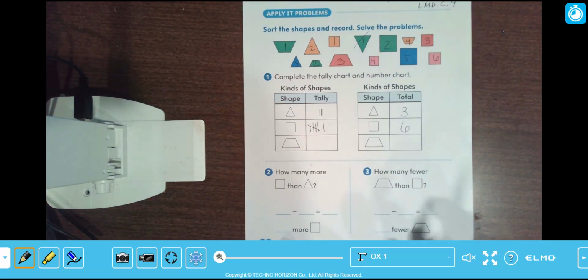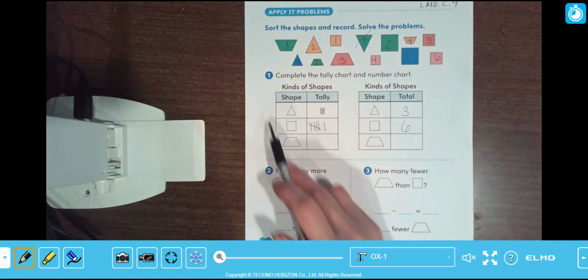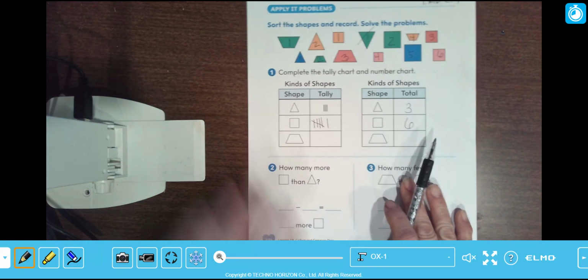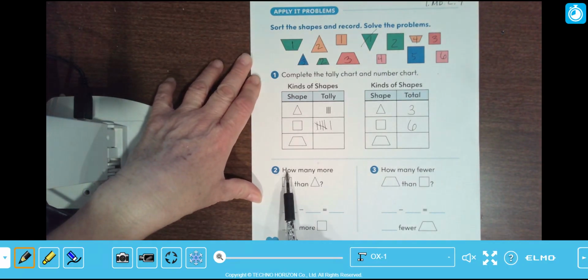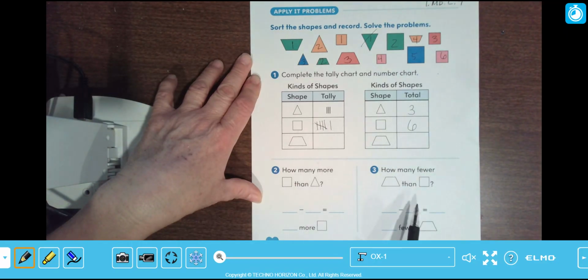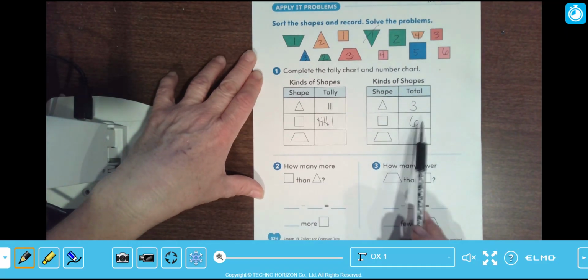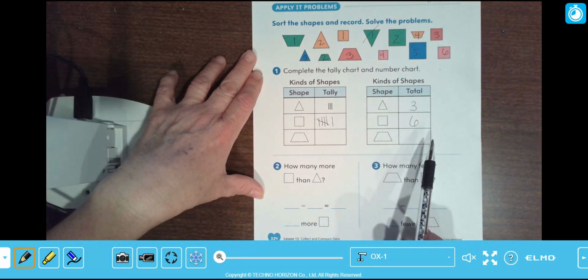Okay. So let's go to this question over here. Hopefully you finished doing the charts, the tally charts and the number chart, and you're ready to do number 2. How many more squares than triangles? So which one has more, squares or triangles? Yeah, squares has more. There's 6 squares and 3 triangles. So when you're going to find out how many more, you're going to subtract.